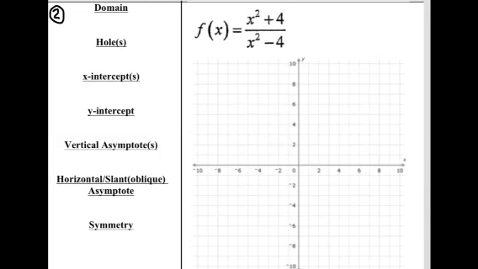Alright, so number 2, again, first thing we do is factor whatever you can factor. So in this case, only the denominator, x plus 2, x minus 2.